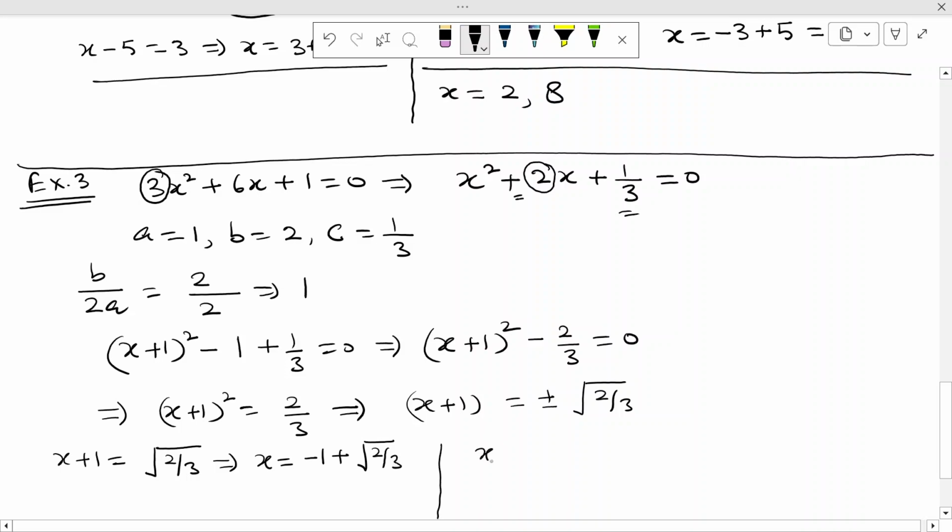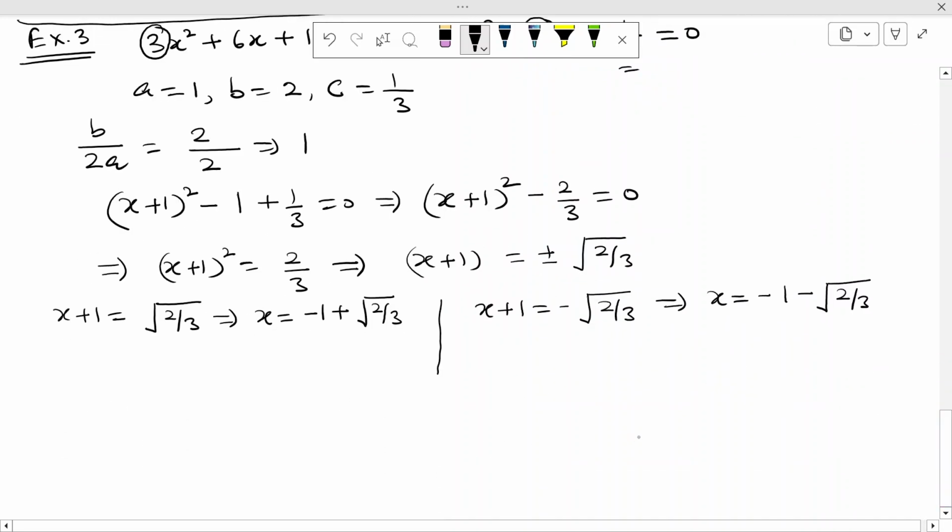Now if you are having x plus 1 as minus the square root of 2 by 3, this will be x is equal to minus 1 minus square root of 2 by 3.